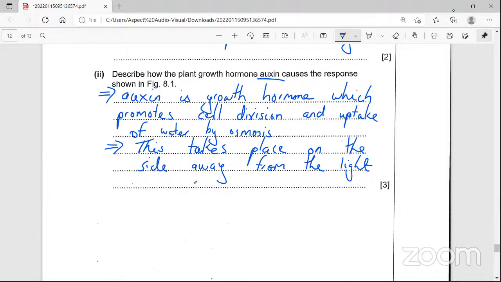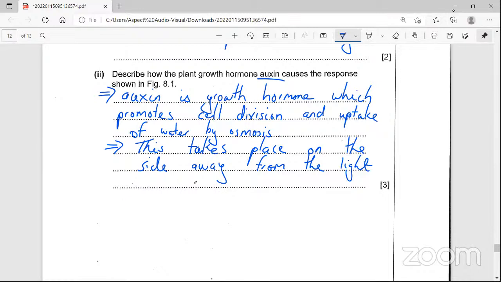Can you quickly write that down? Are we done? Quickly. Yes.